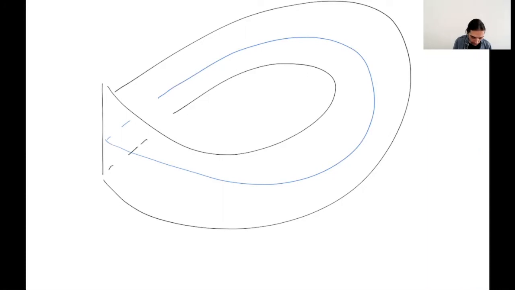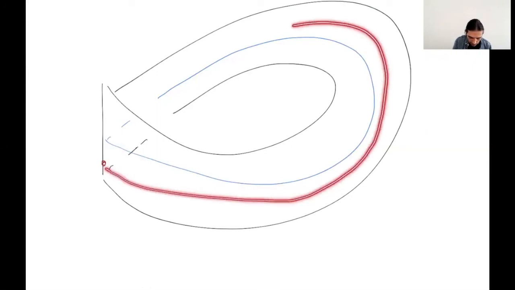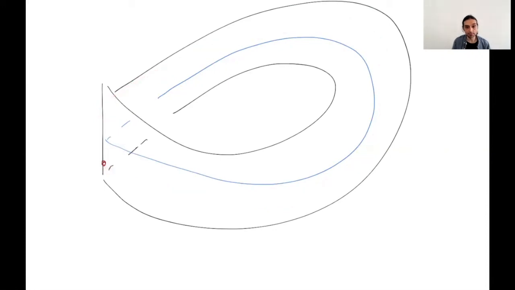If we consider a point here, let's say in the bottom, below the origin, what happens is that if we travel along the picture, we end up in the top side. And that means that a neighborhood of this real projective line that replaces the origin is a Möbius strip.